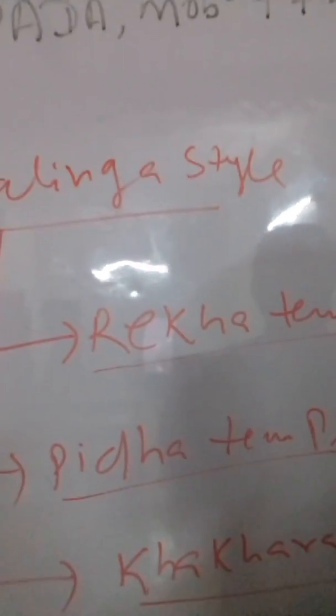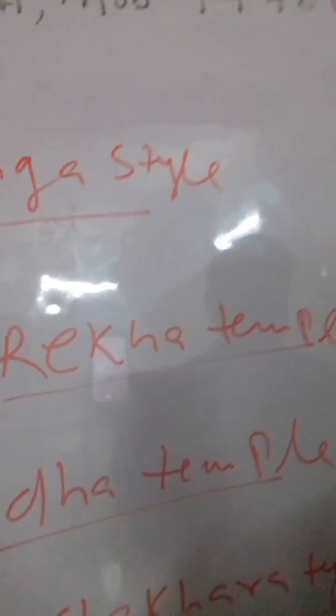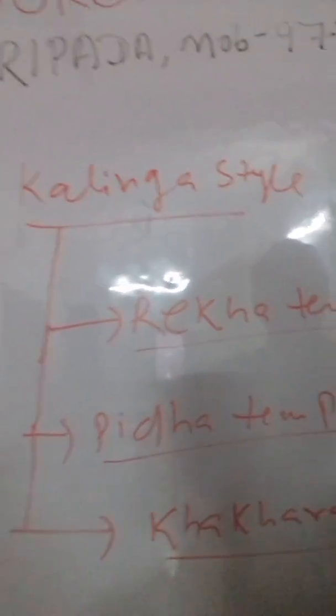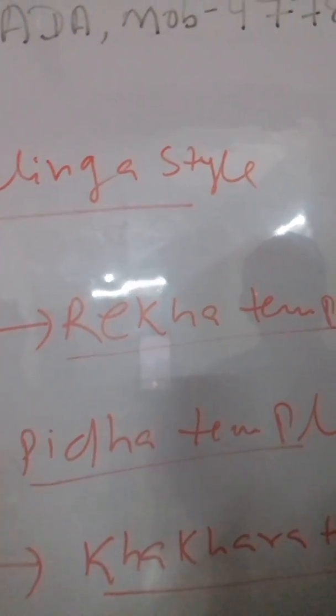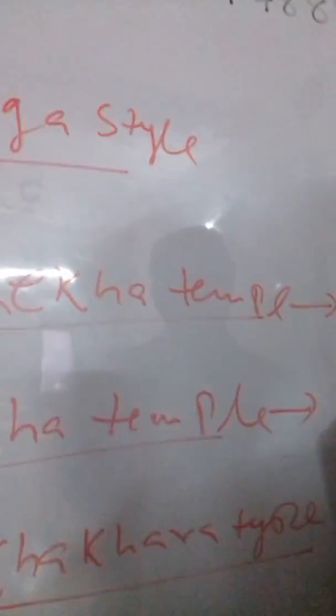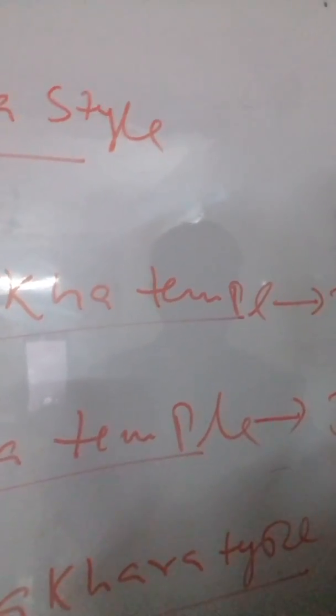The main temple that we see is known as the Rekha temple. It is the main temple, often known as Deula. And the Pidha temple is a pyramidal temple, and it is the Jagamohana.